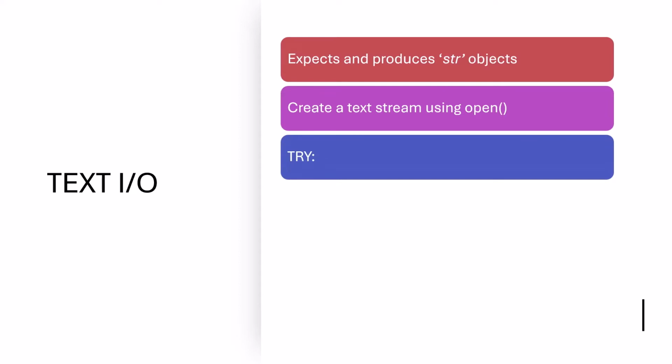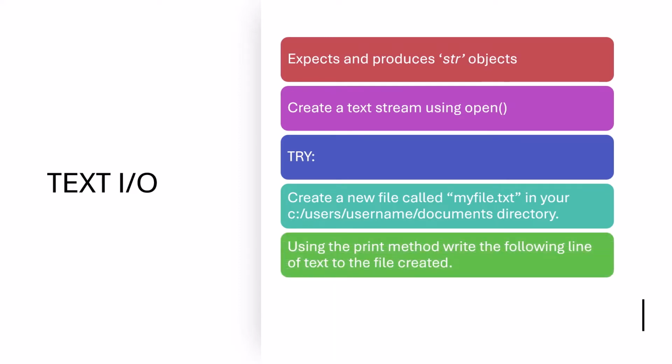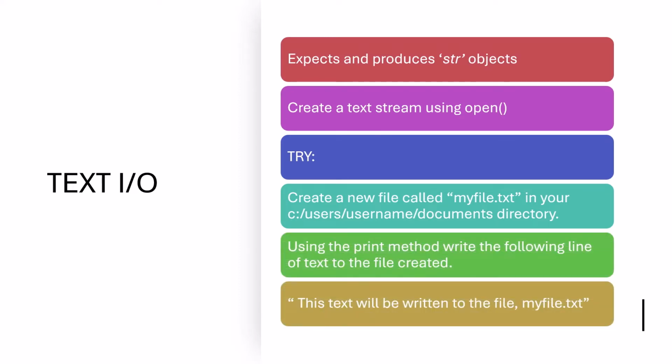This is a simple exercise that we will do in order to familiarize ourselves with the open method. We need to create a new file called myfile.txt in the directory mentioned on your screens, and then using the print method, add this particular line of text to that file.